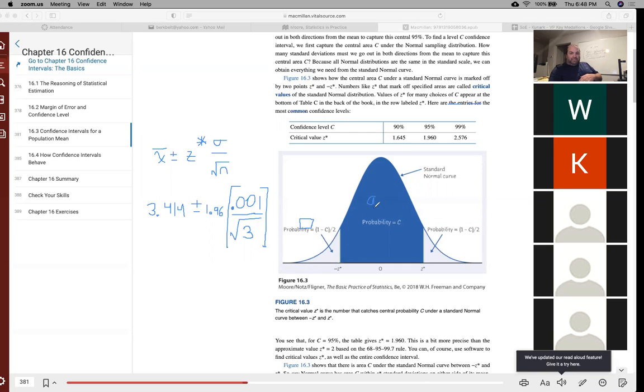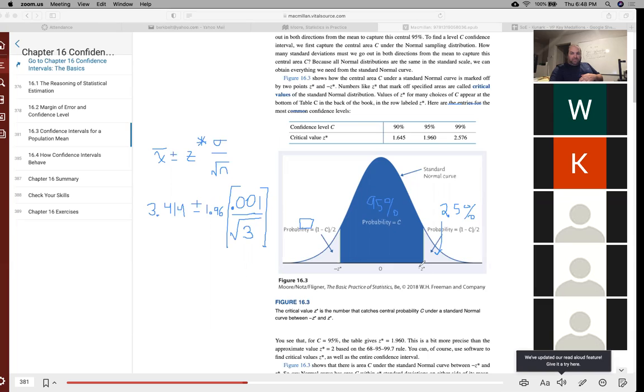We want 95% to be in the middle, which means how much do I want in this whitish section? 2.5%, right? In here, I want 2.5%.